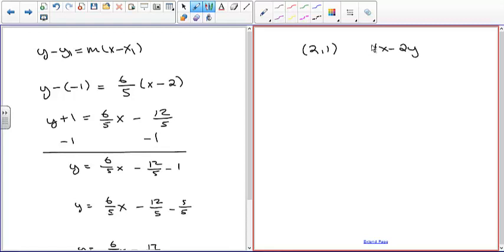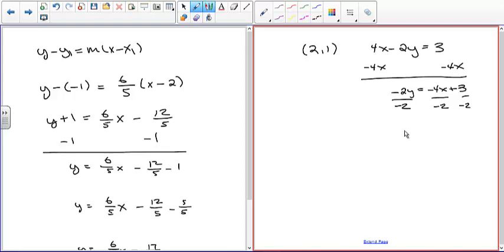And the first thing you need to do is to put this in slope-intercept form so we know what the slope is. So we would subtract 4x from both sides. That would give us negative 2y is equal to negative 4x plus 3. And then we divide everything by negative 2.